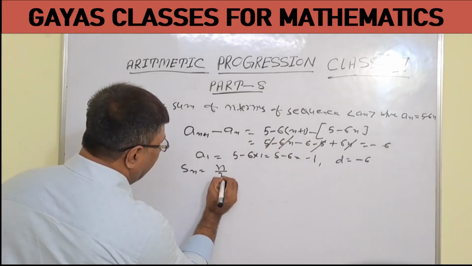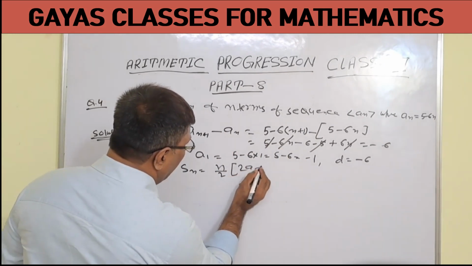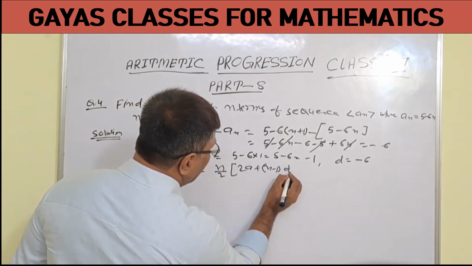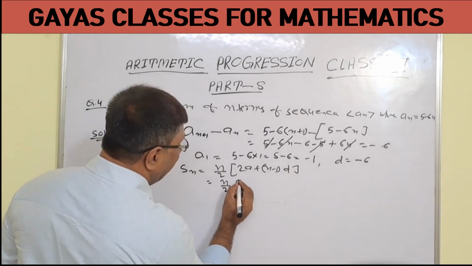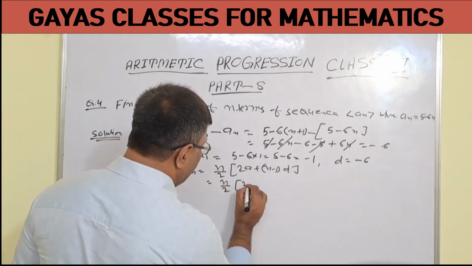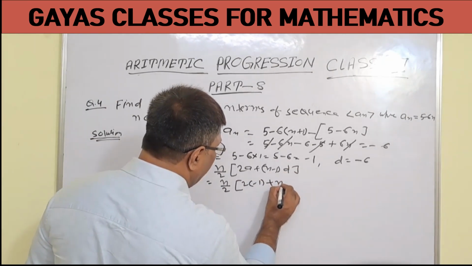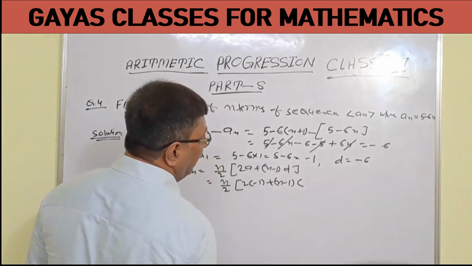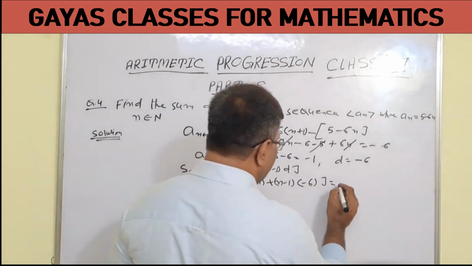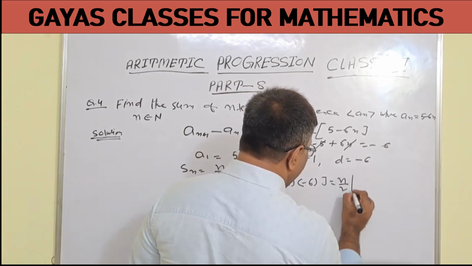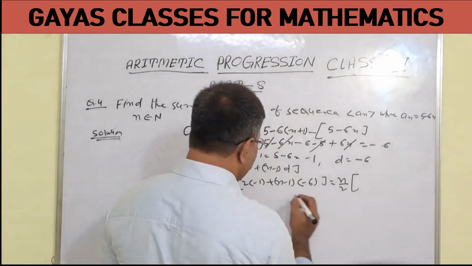The formula is what? n by 2 into 2a plus n minus 1 into d. So n is n, right? And a we have minus 1. So 2 into minus 1 plus n minus 1, and d is what? Minus 6. So we can write very easily n by 2 into minus 2.